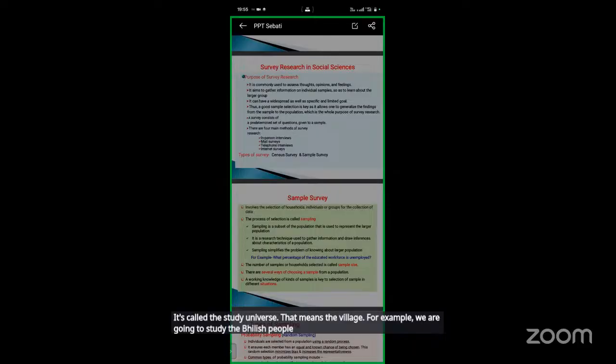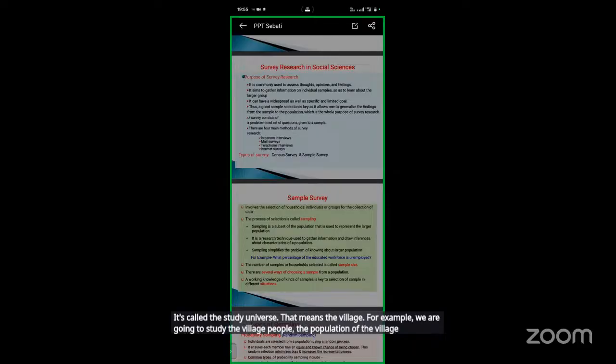And for a better understanding, we can say when some portion of the study universe is selected for the study, for the whole study area, the study area is called the study universe. That means the village. For example, we are going to study the village people, the population of the village.